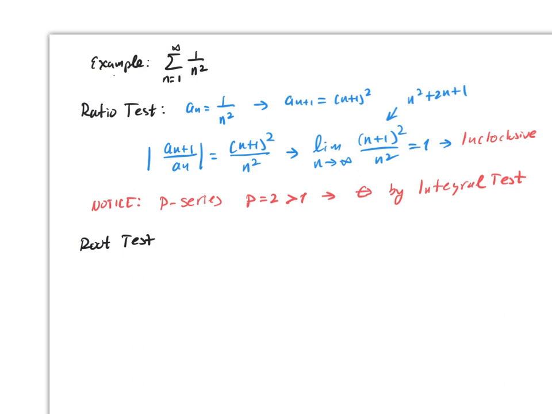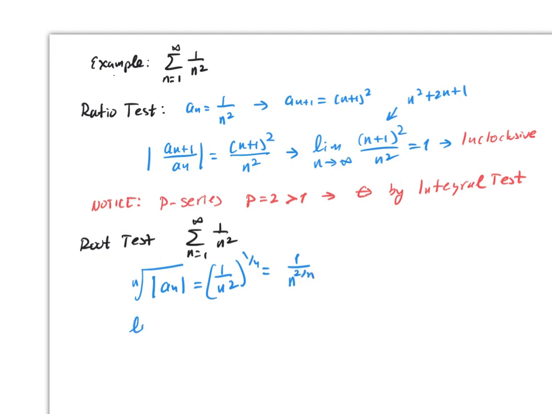So let's say we have the exact same problem, and you use the root test. Then notice that the nth root of the absolute value of an will be equal to this, to the 1 over n, which will give you 1 over n to the 2 over n.